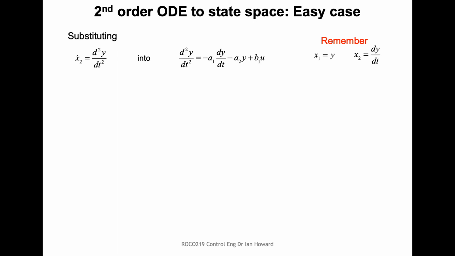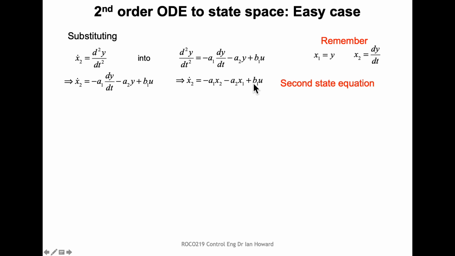The first expression here goes to x2 dot, and then we substitute in dy dt, which is x2, and then we substitute in y as x1 here, right? So we end up with x2 dot equals minus a1 x2 minus a2 x1 plus b1u. Therefore, we've got the two state equations.